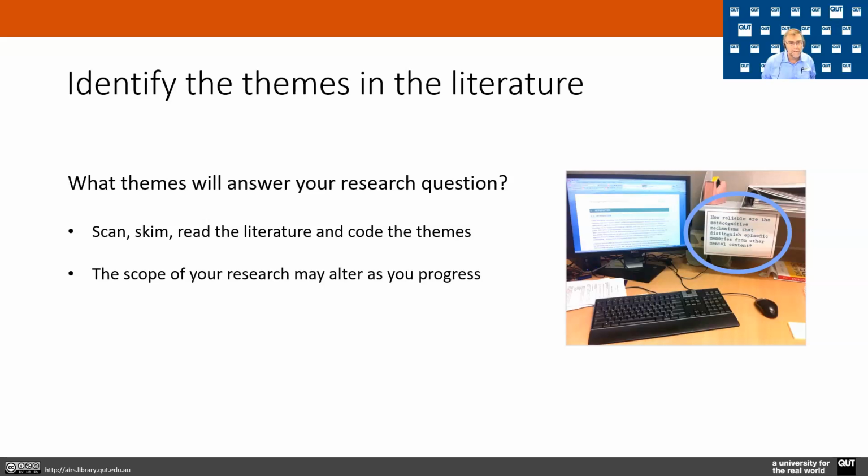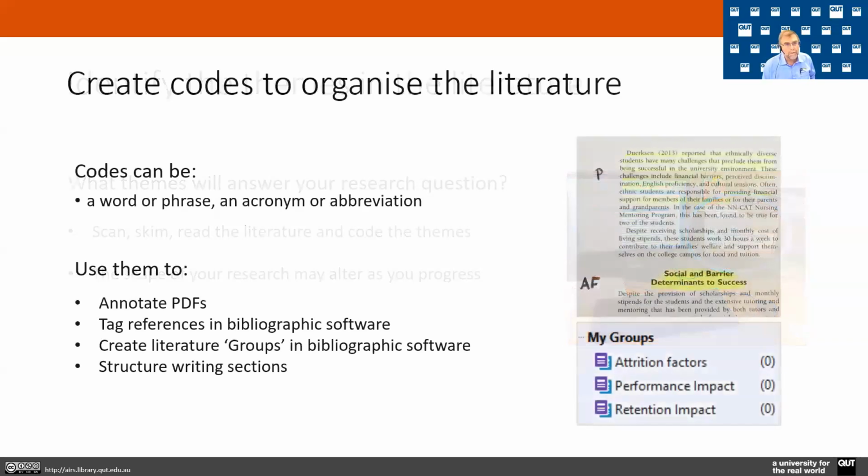It helps you to keep track of putting them in boxes, in terms of, yes, these papers all have something in common that is key to my research question, or to identify those themes. There are really good examples in the online AIRS about how you would go about creating coding systems.